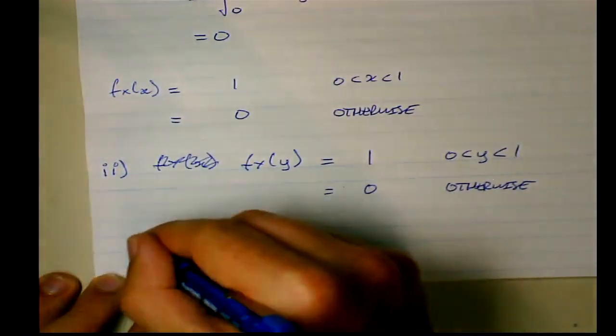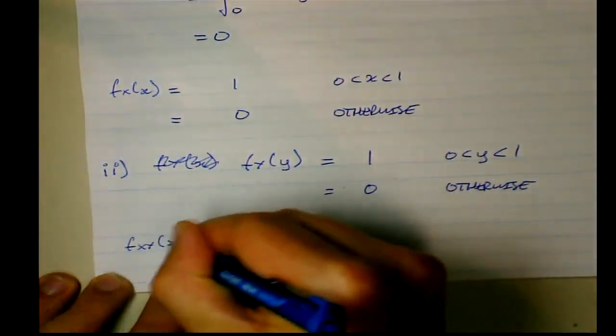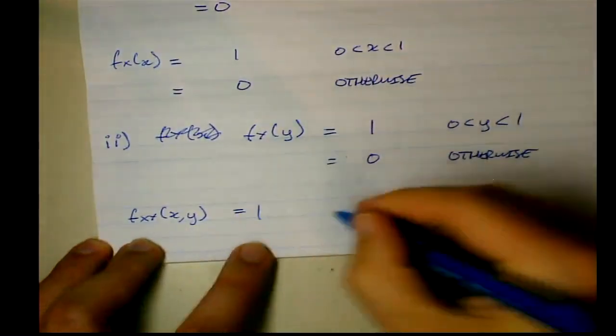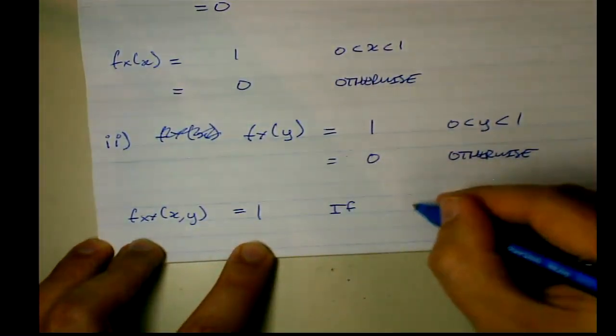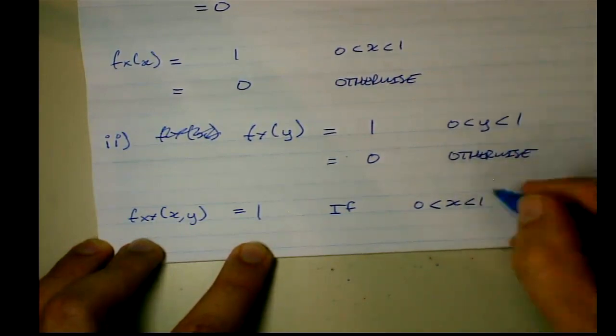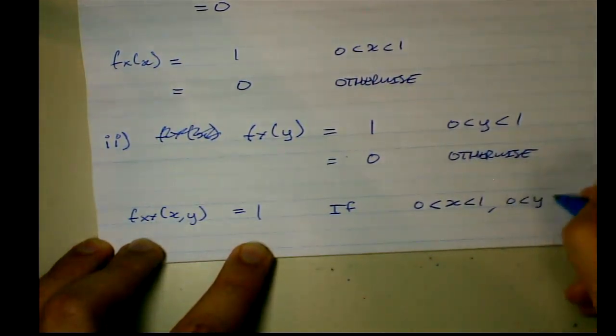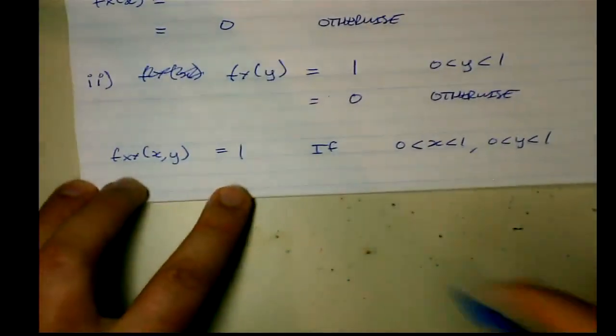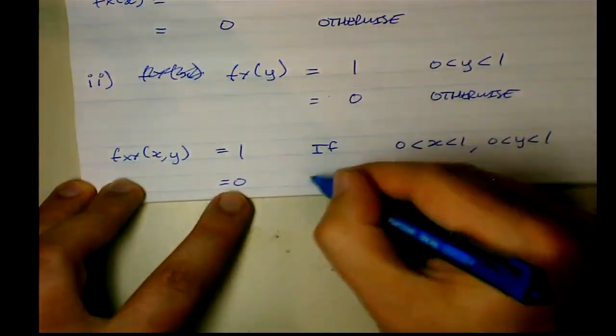Okay, so are they independent? Well, f_XY(x, y), what was it? It's 1 if 0 less than x less than 1, 0 less than y less than 1, and it's 0 otherwise.